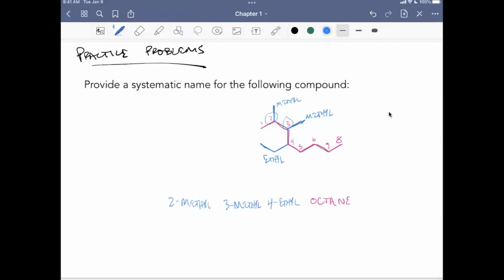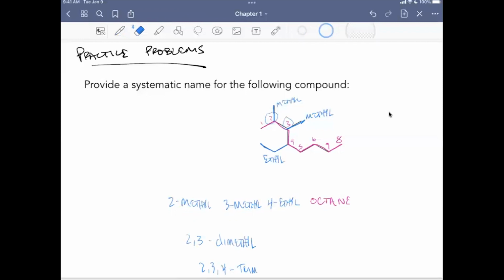One quick tip here is when you have the same thing but different carbons, you can do 2,3, and that would be a dimethyl. Di means 2. Say you have 2, 3, 4 methyl, that would be a trimethyl.